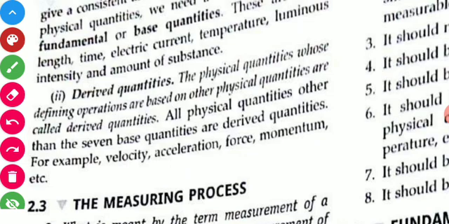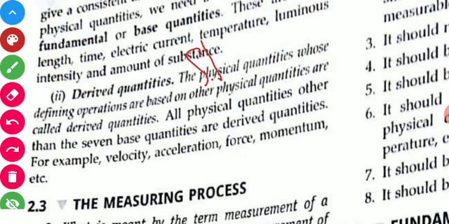But in derived quantities, these are quantities which are based on other physical quantities, meaning fundamental quantities. So these are called derived quantities. We have some examples of derived quantities.